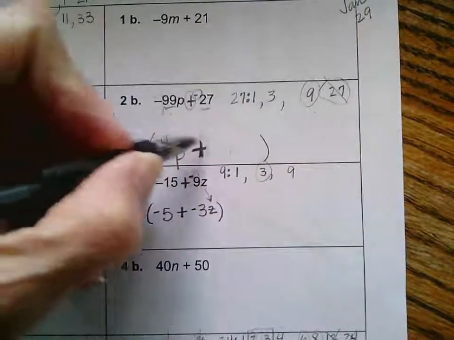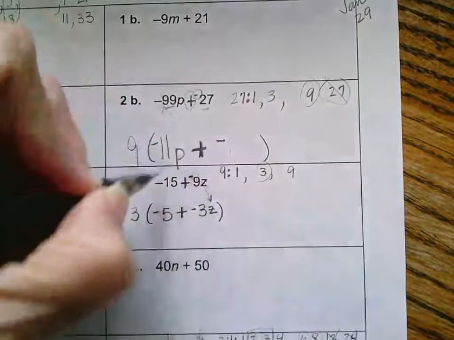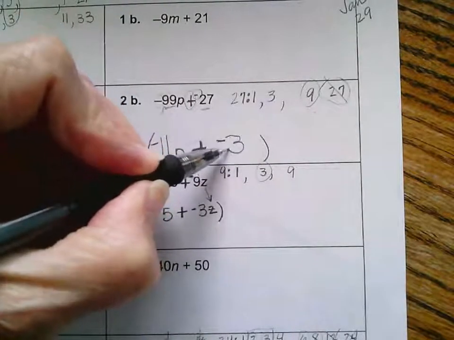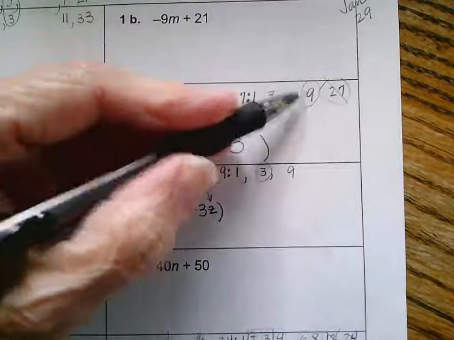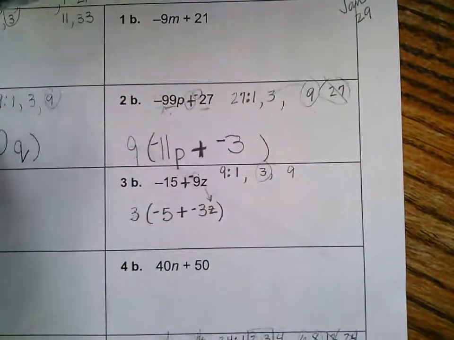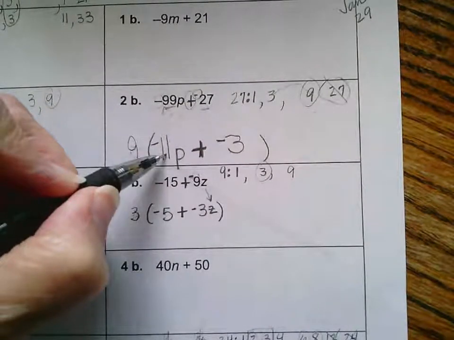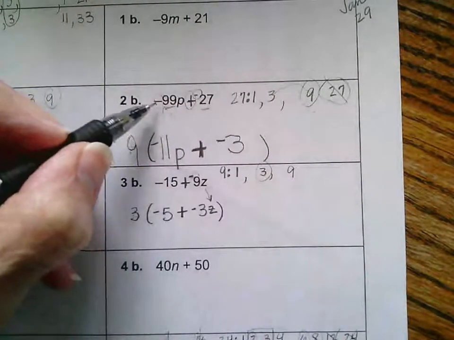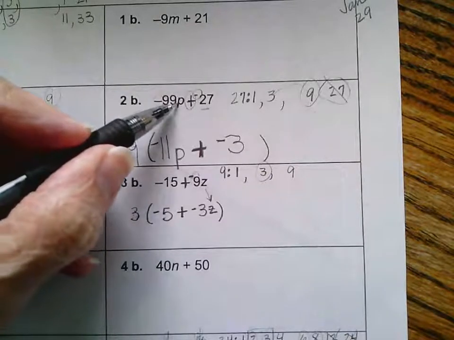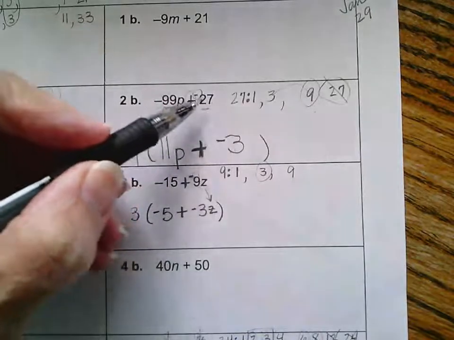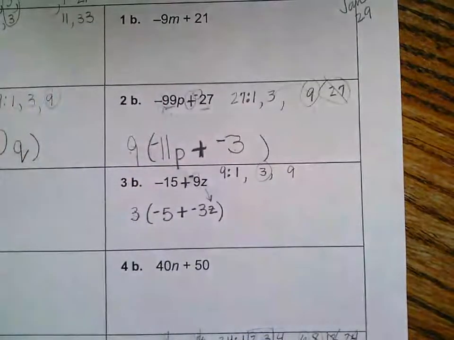Well, again, this is positive, so this has to be negative. 9 times 3, which is this factor pair. So to check myself, 9 times negative 11p gives me negative 99p, and 9 times negative 3 gives me negative 27. That checks out.